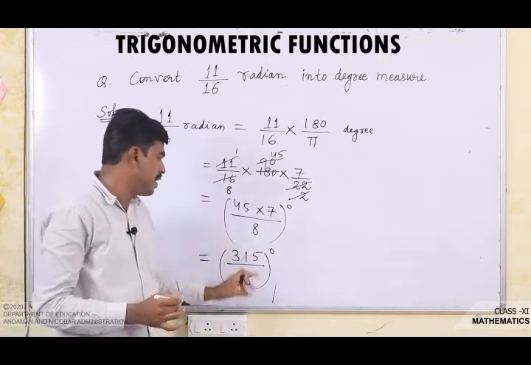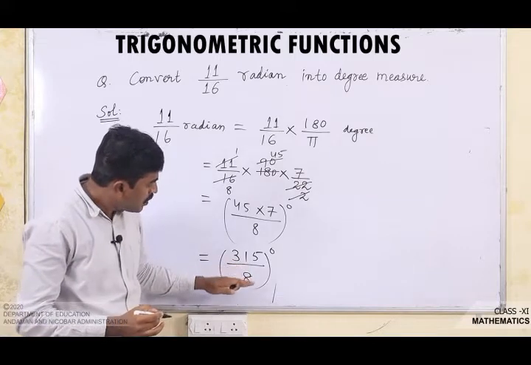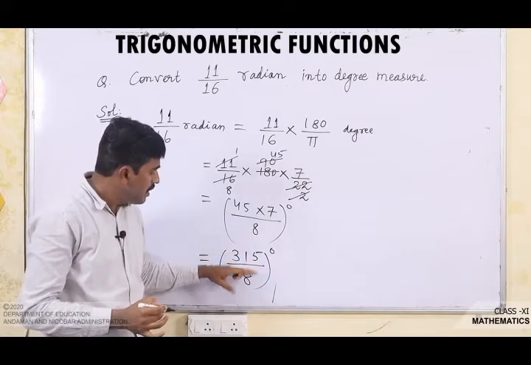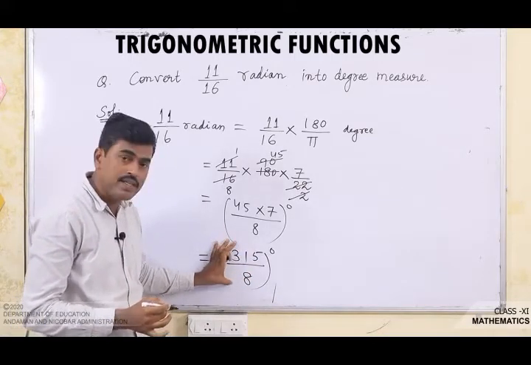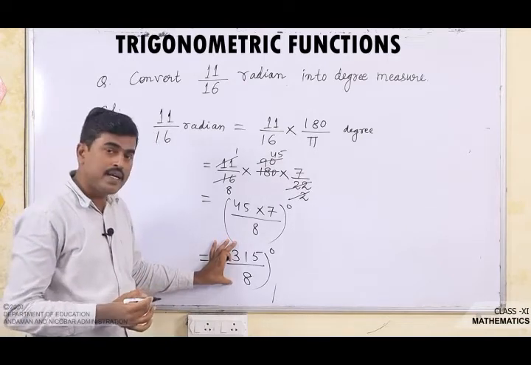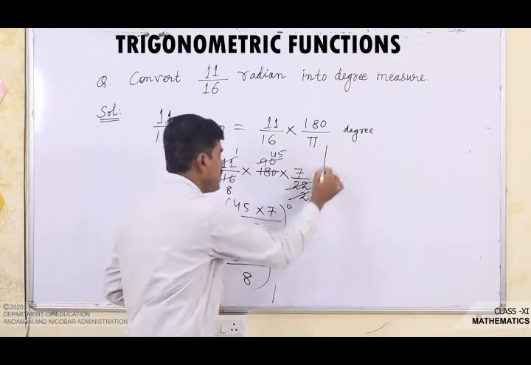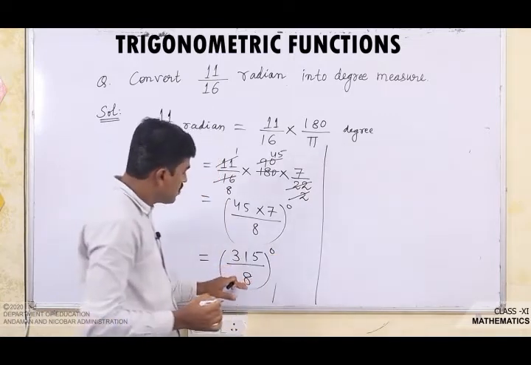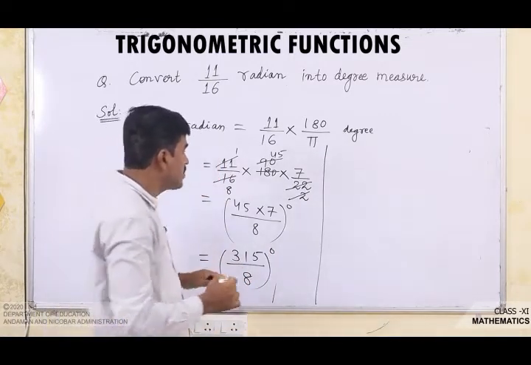Now listen carefully here, don't divide completely by 8 here, we have to make it as a mixed fraction, don't write in decimal, okay. Then just divide it by 8 and write it as a mixed fraction.